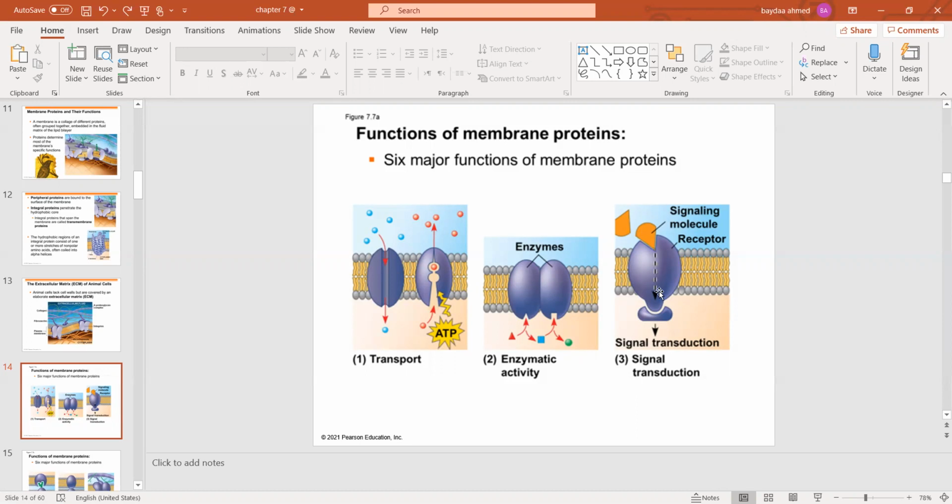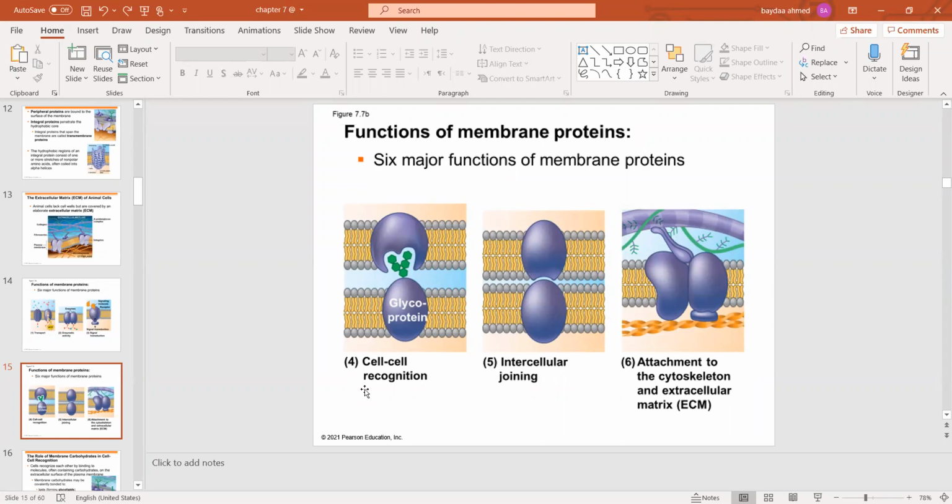When it changes shape, it relays the message to the inside of the cell, usually by binding to a cytoplasmic protein. For example, the hormone insulin is secreted from the beta cells of the pancreas when the blood glucose concentration rises, and the insulin brings a message from the pancreas, telling the cell to open the gate to glucose because its concentration in the blood is too high.